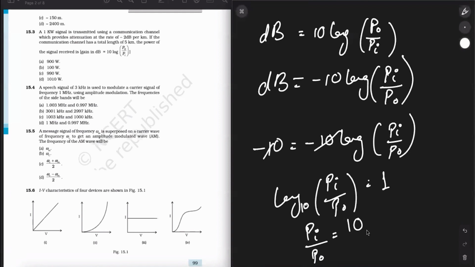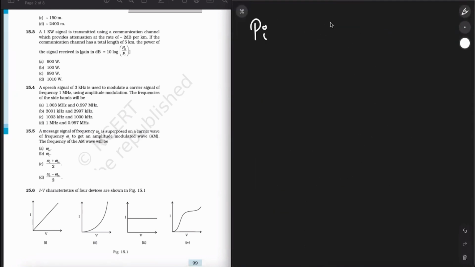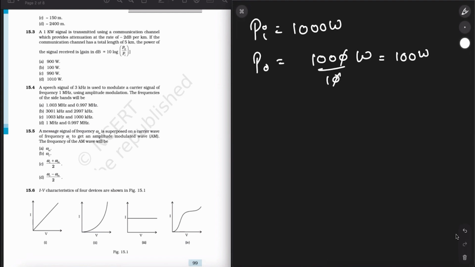If I want to find P naught, it will be equal to Pi over 10, and Pi was already given to us as a 1 kilowatt signal, which is 1,000 watts. So to find P naught, we just divide by 10, and finally we are left with a value of 100 watts as the P naught value. Simple.